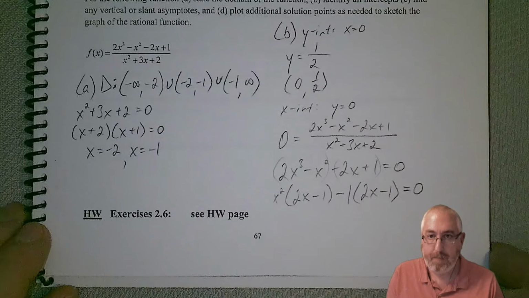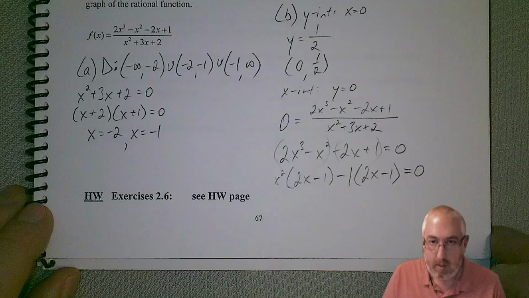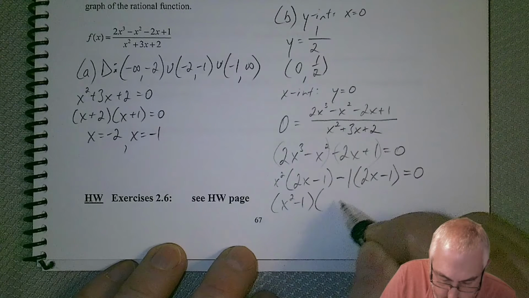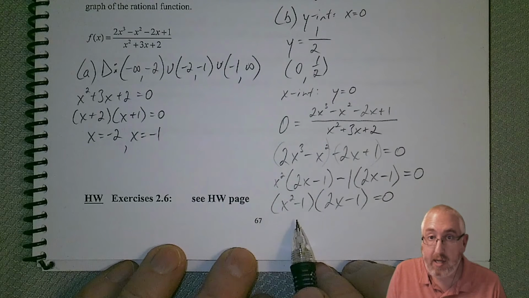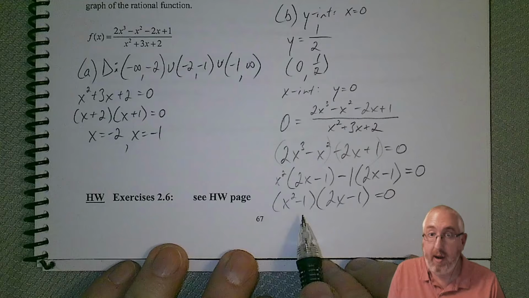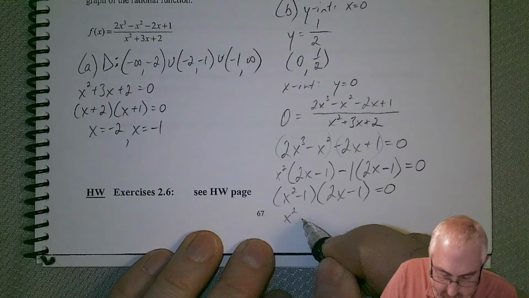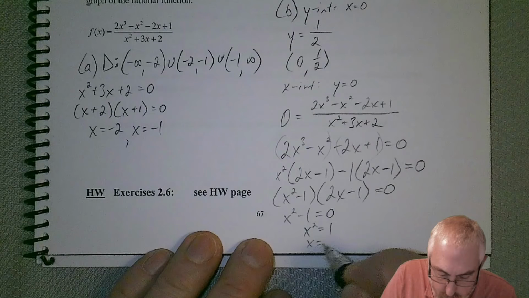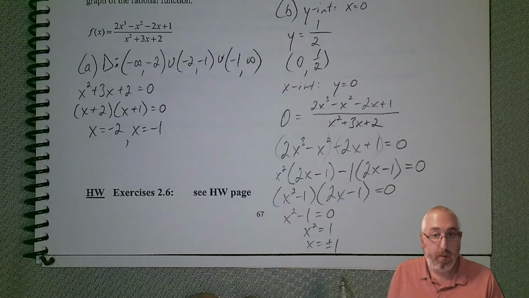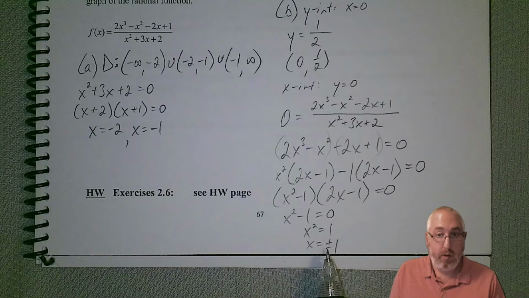Okay. So now we can do a little bit of grouping, and we have a nice quadratic that we can factor as well, if we wanted to. But I think we can do it without it. So we just got to be careful that we do get a plus or minus 1.